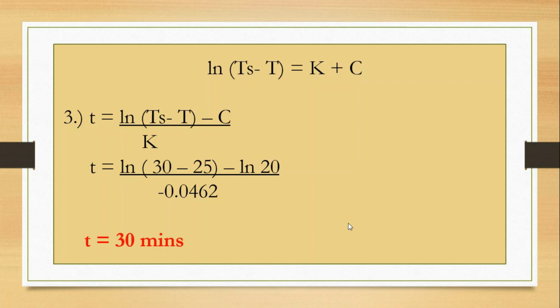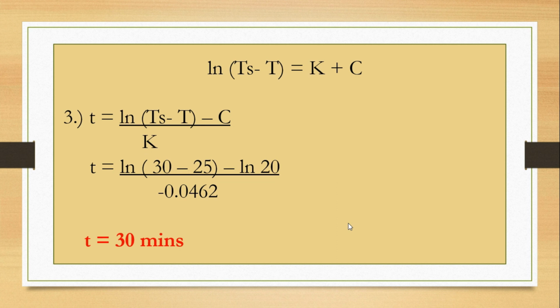So we now substitute the values. t is equal to ln of 30, which is the temperature of the surroundings, minus 25, which is our temperature in the third condition, minus ln 20. That is the c that we got from the first condition, all over k, which is negative 0.0462, which we got from the second condition.